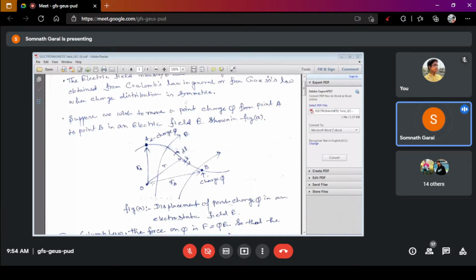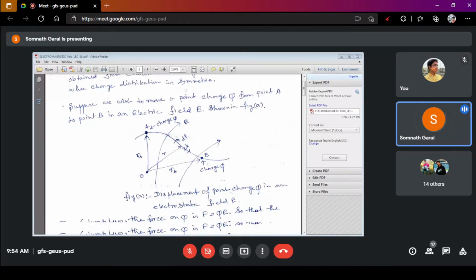So if we take O as the reference point, this point charge moves along this path from rA distance to rB distance.